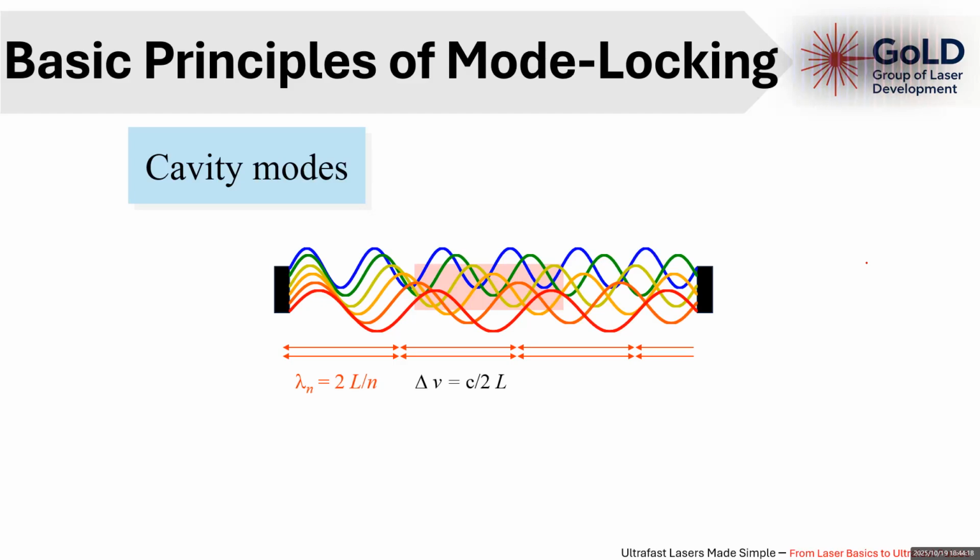So these are the modes inside the cavity, and we know that the spacing between the modes, the frequency difference between the modes, is c over 2L, and if you convert into wavelength it is equal to this thing which you can see.